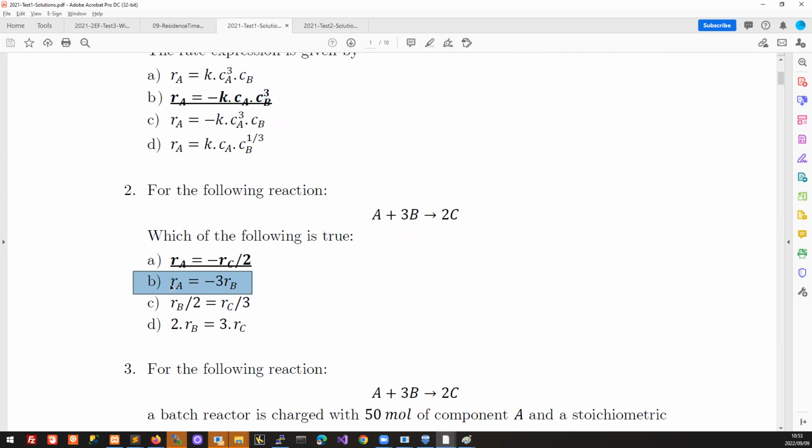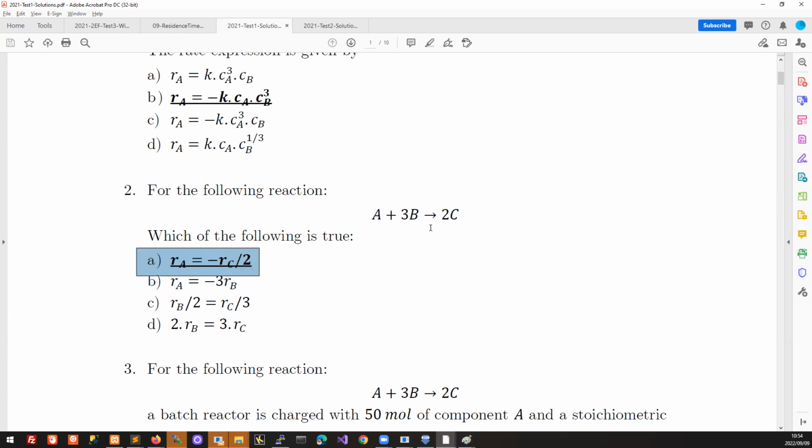We can't have RA being equal to minus something times RB. So we can eliminate this answer. And then if we look at the first one, A is consumed at half the rate that C is produced. So that's a statement that corresponds to that.